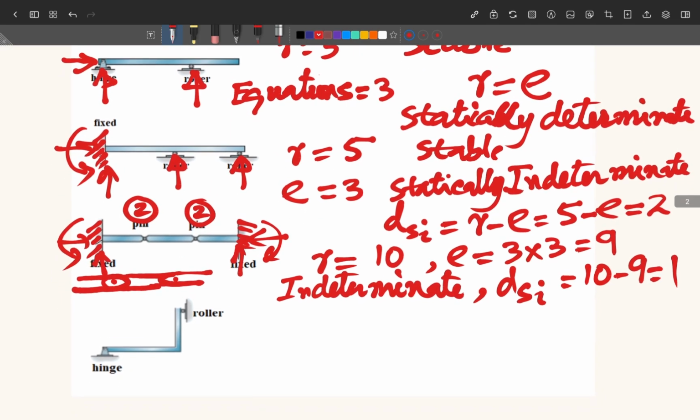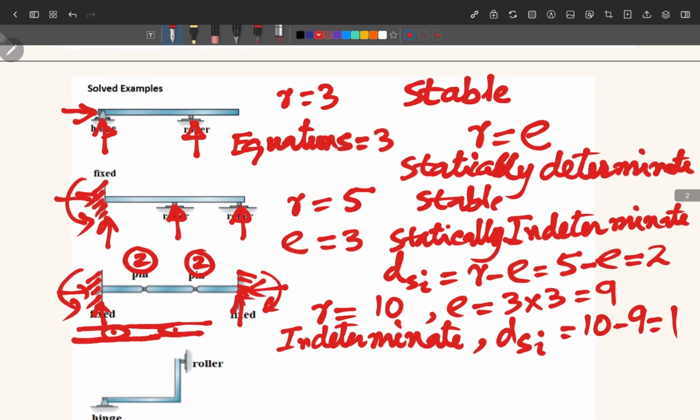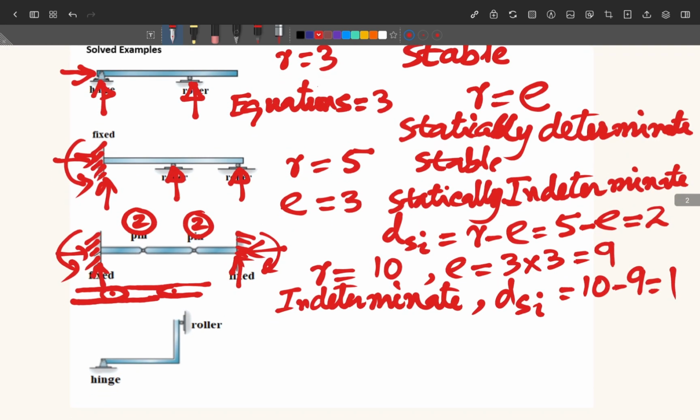Now in a similar way we can solve the next question, where we have a structure which is not a straight line. In all other problems it was a straight line. The second question had a single body, and in the third one it was a straight line but three individual parts were joined together by internal pins. But here it is not a straight line, and it is a single piece. There is no joint anywhere.